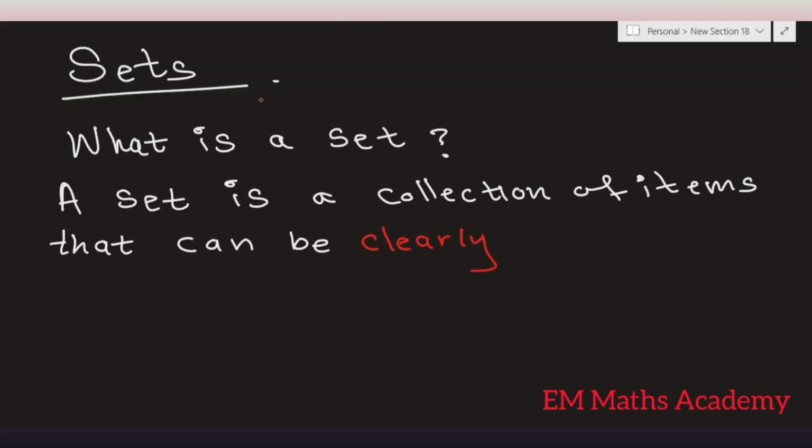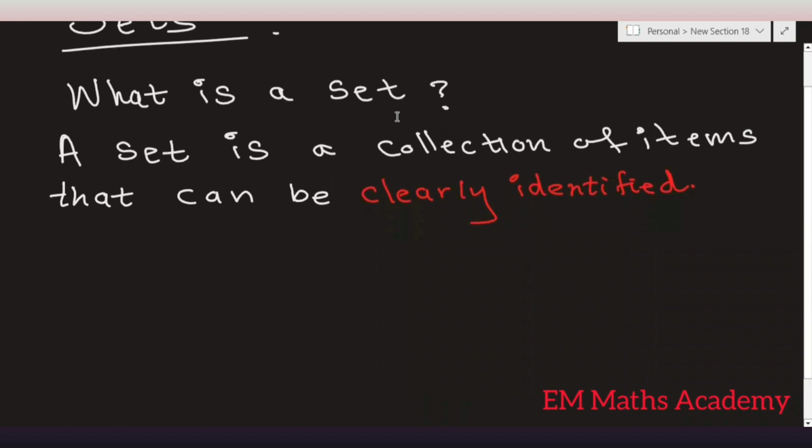What is the characteristic of these items? They should be able to be clearly identified. So I write the special property using a red pen. A set is a collection of items that can be clearly identified.